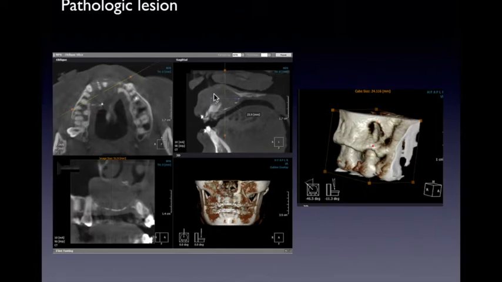Like in this particular case, we already see what is consistent with most cysts, that it would resorb bone, and as much as you could see here, it has almost completely obliterated the facial or buccal aspect of this maxilla and has not completely obliterated the palatal side, but has very thinned it out.